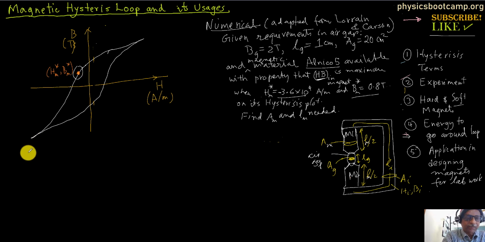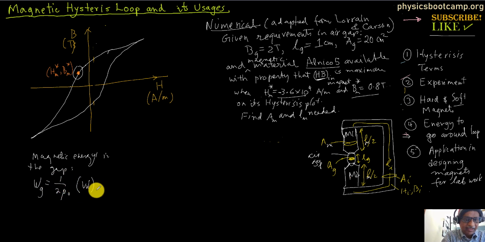It turns out the magnetic energy in the gap is 1/2 mu naught times the volume of the gap times the magnetic field in the gap squared. So you know from before, this is the magnetic energy density, multiplied by the volume.